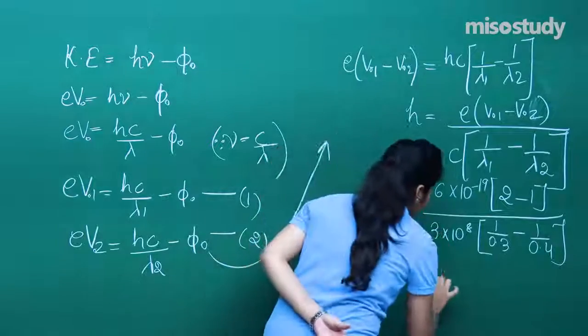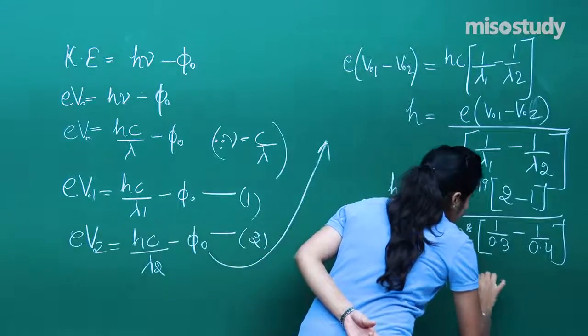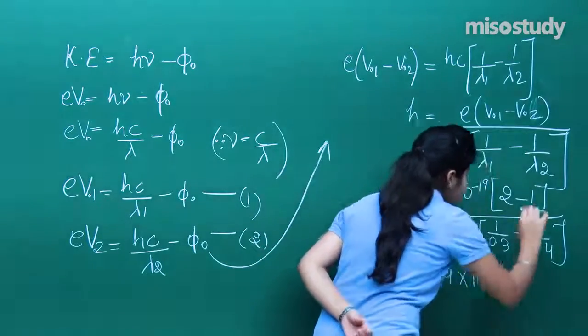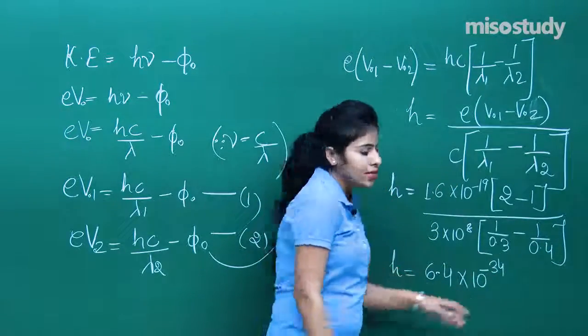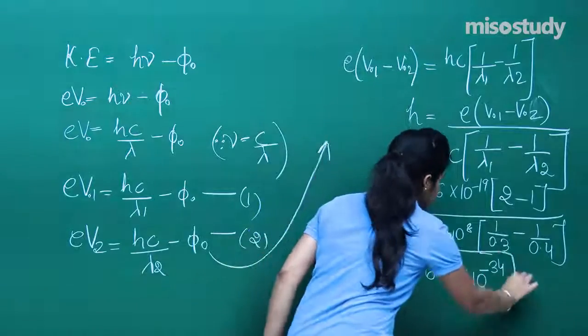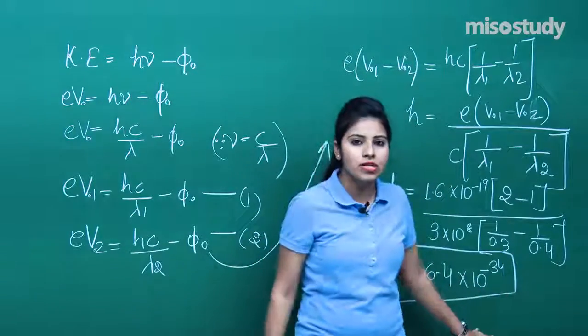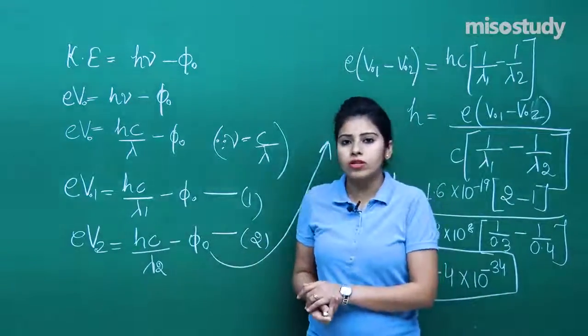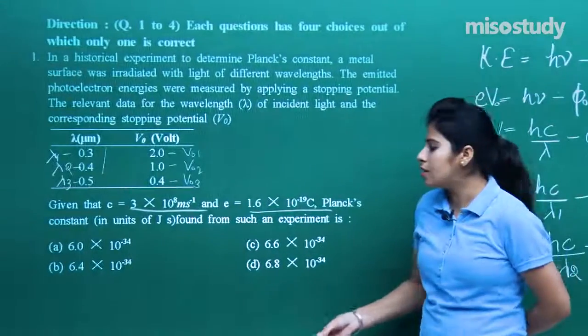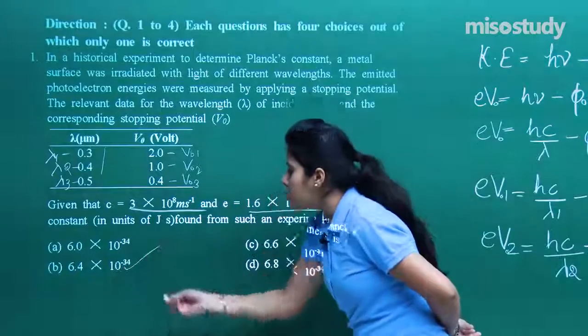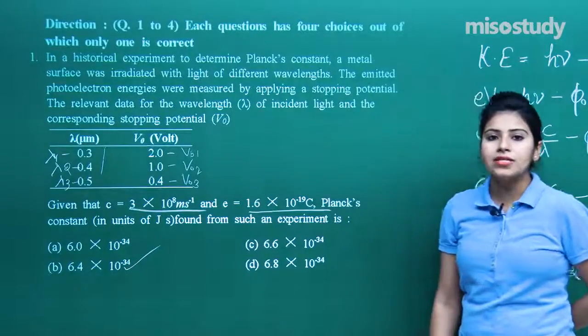Alright. Now what you will see here, if you are going to solve it, you will have your value in the range of 6.4 into 10 raised to the power minus 34. So we have found our answer in this range. Now let us see, is there any option in the question or not? So let's just move to the question, and yes, we can see here this is 6.4 into 10 raised to the power minus 34.